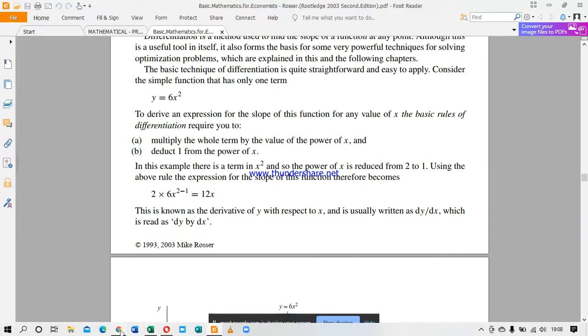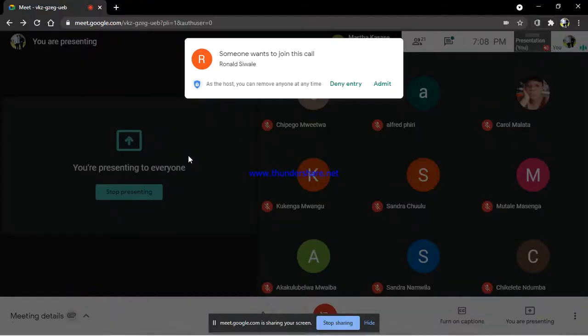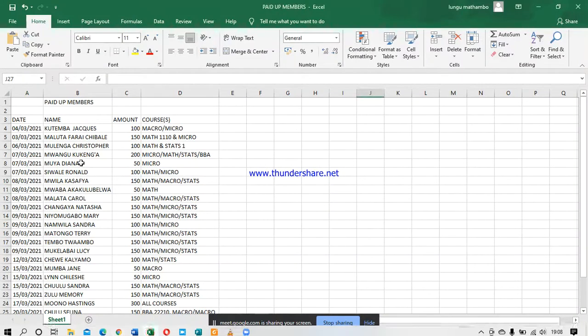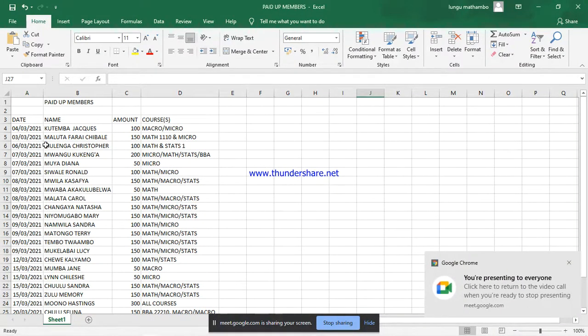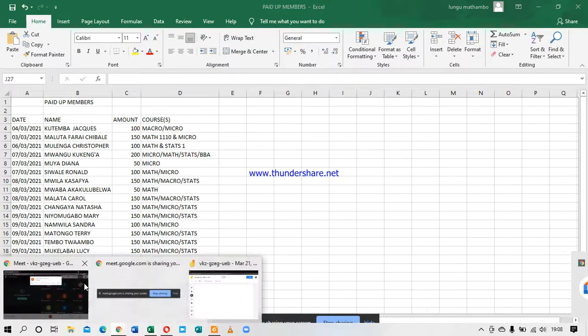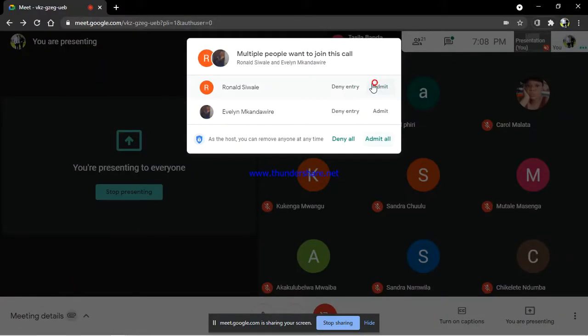I've managed to find the slope of this particular function.